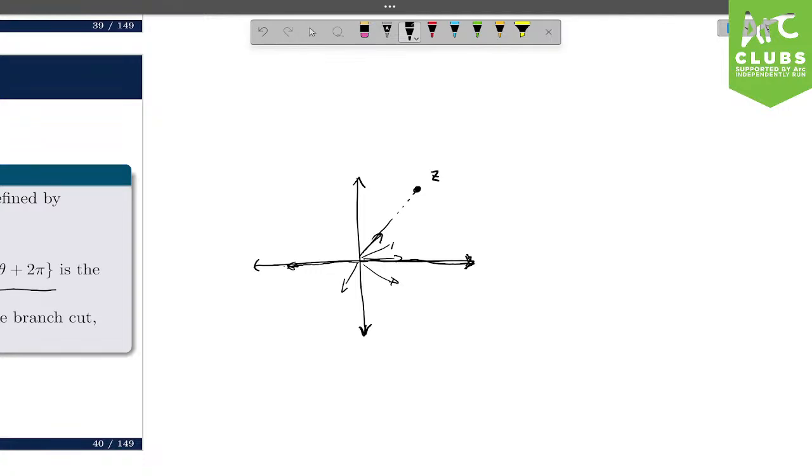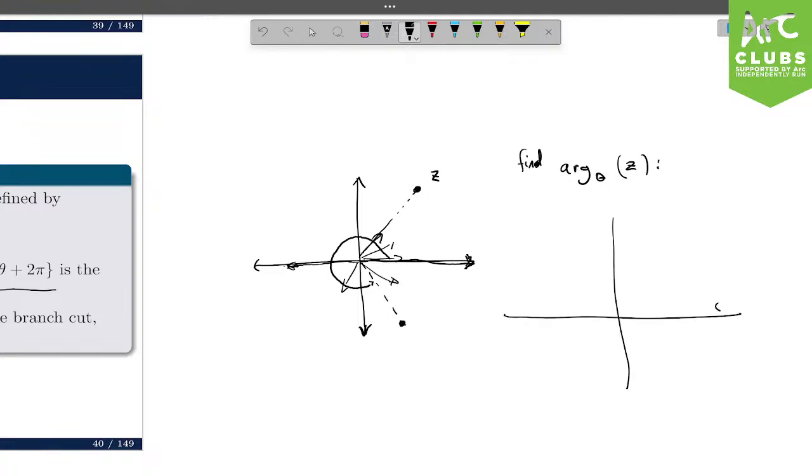In this case, the argument of z will be the same, but the argument of a number that's over here would actually not be negative anymore, because you rotate and reach it only after you've traversed an angle that's larger than π, right? So if you're trying to find the argument of branch theta of a number z, this is the way to do it.